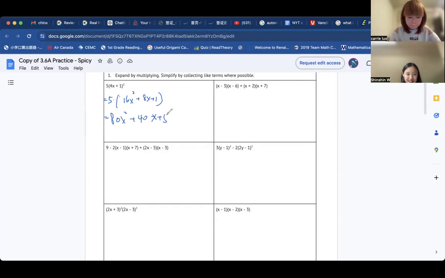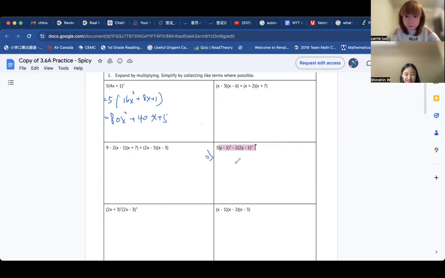I keep getting number 4 wrong, the 3y minus 1 squared one. Which one? This one? Yeah. Okay, so how to do this?